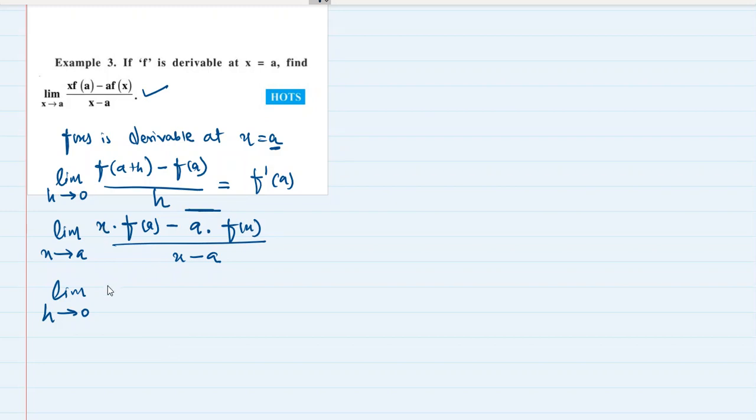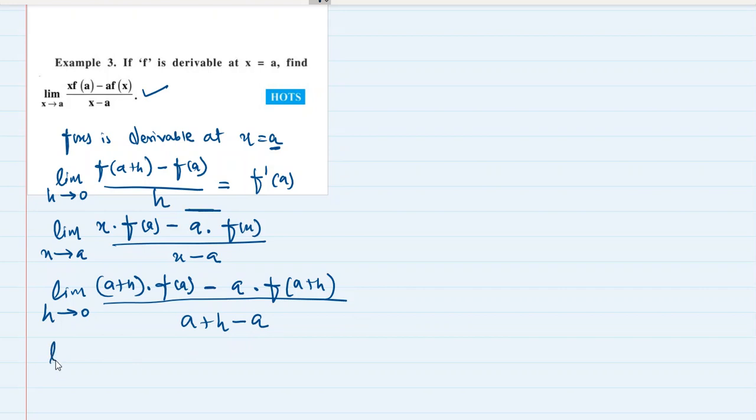So this x will become a plus h, right? Because I converted from x tends to a to h tends to 0, x will become a plus h multiplied by f of a minus a multiplied by f of, in the place of x I'm going to write a plus h. In the denominator, in the place of x I'm going to write a plus h minus a.